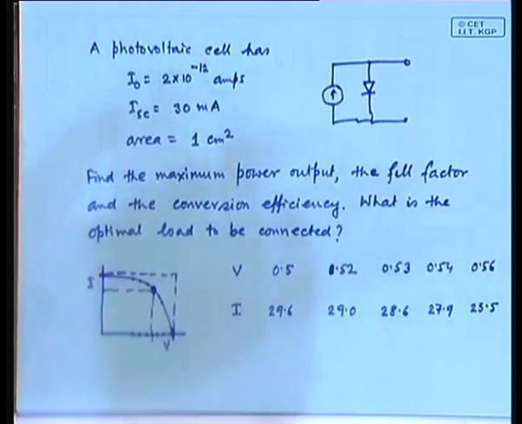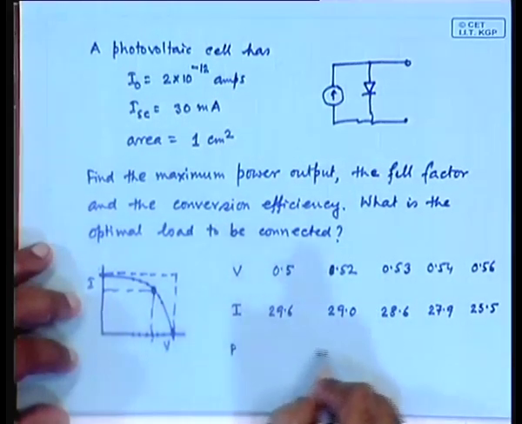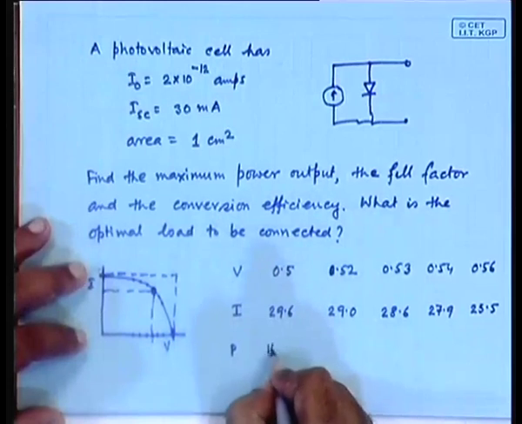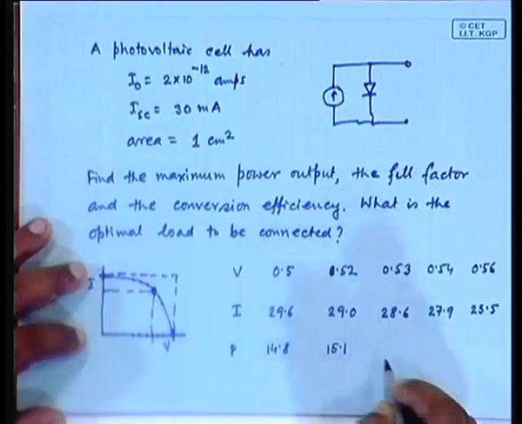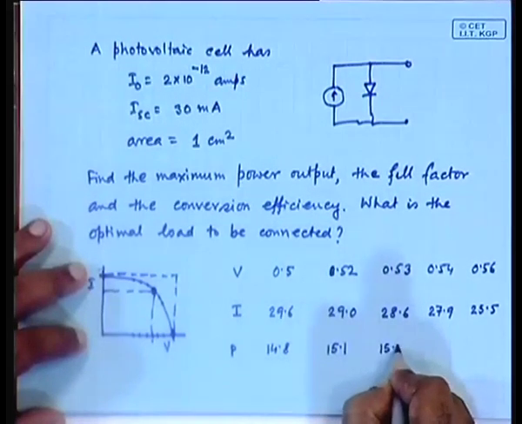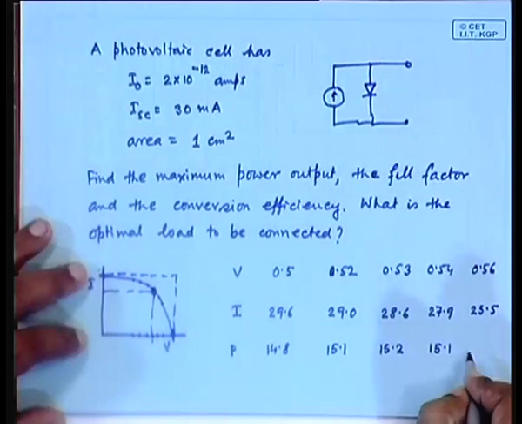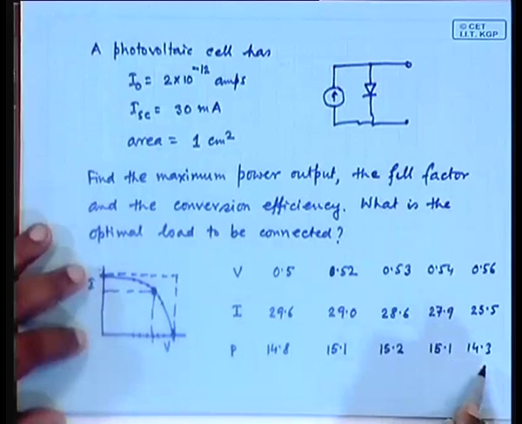What is the power? Power is the product of this. So, the products you will again be able to simply write down. Here it is 14.8, here it is 15.1, here it is 15.2, here it is again 15.1, here it is 14.3. So, you can see it is going up, up, and finally going down.